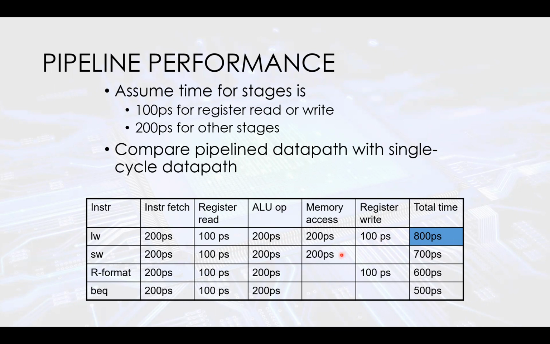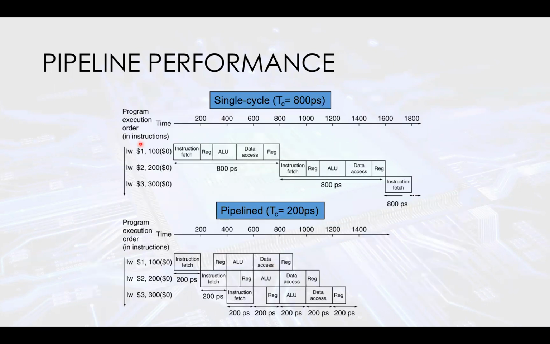In pipelining, however, what we need to do is essentially look at all the stages. So here you can see a load would take 800 picoseconds based on what we were looking at here, for a single instruction. However, if we're doing pipelining, recall that we always need to make sure that our stages take the exact same amount of time.